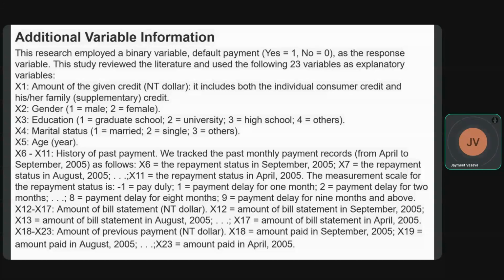X6 to X11 is the history of past payment. Then X12 to X17, the amount of bill statement for the respective months, starting from September to April. And from X18 to X23, the amount of previous payment, starting from September to April.